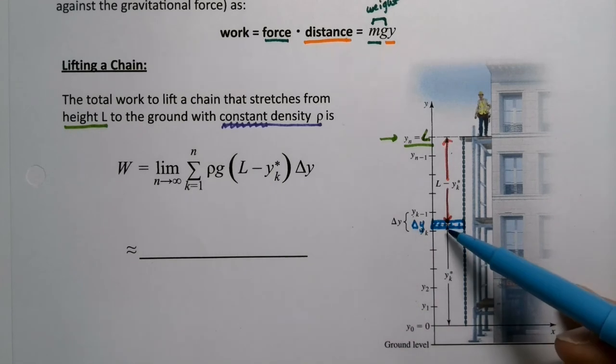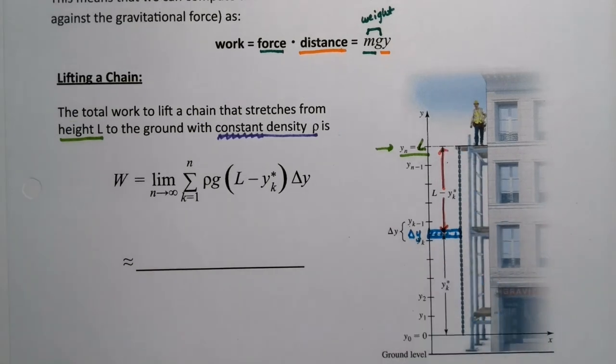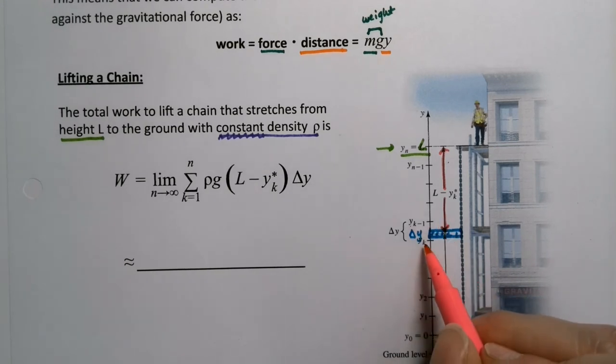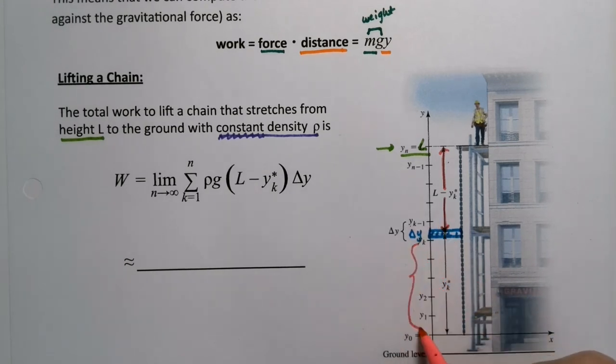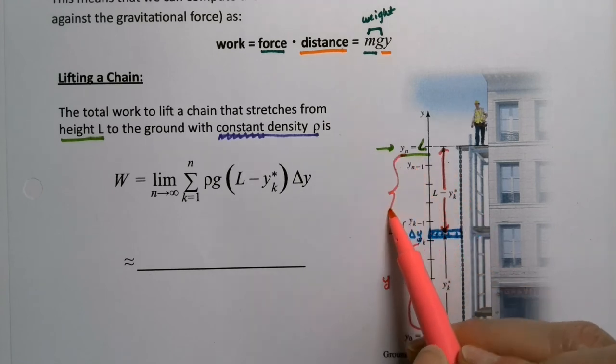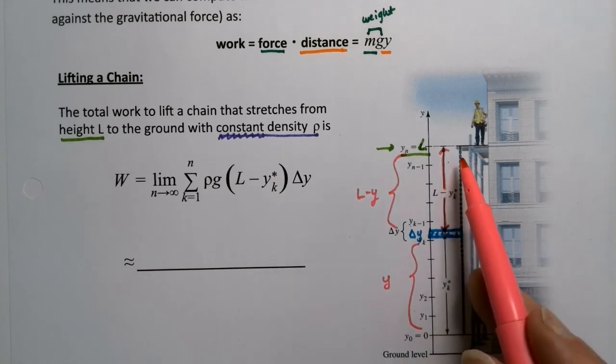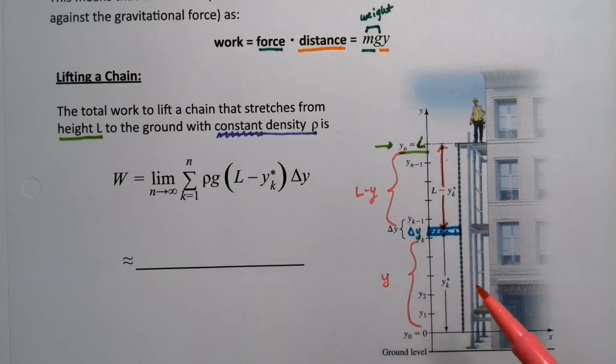And I'm lifting this section of the chain L minus y, because this is y right here. There's y. And then you're lifting it L minus y. That's how much you have left over to lift. So if you're talking about this section of the chain, you have L minus y to lift it, and that's true for each of the sections.